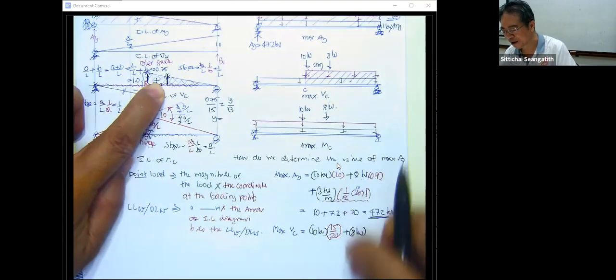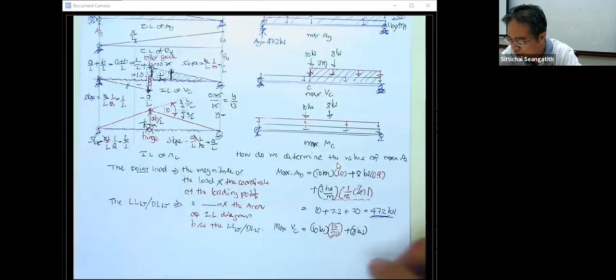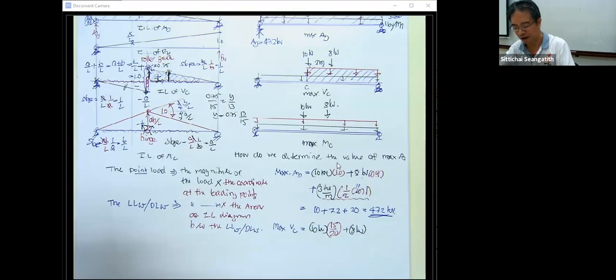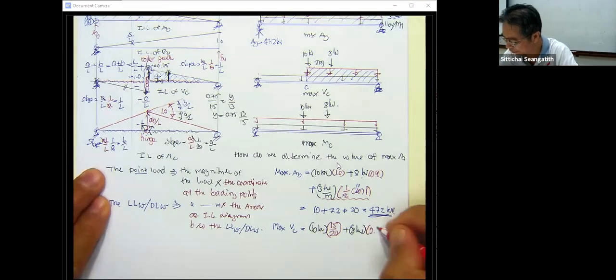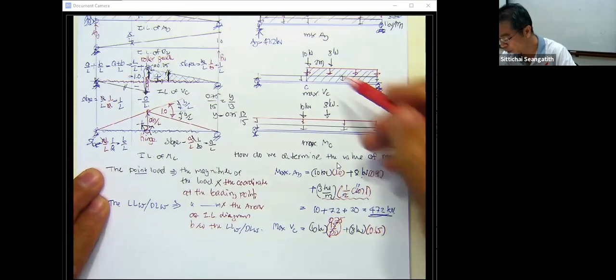So you get the y to be 0.75 times 13 divided by 15. That is going to be 0.65. This one is 0.65. This one is 0.75. They are positive.